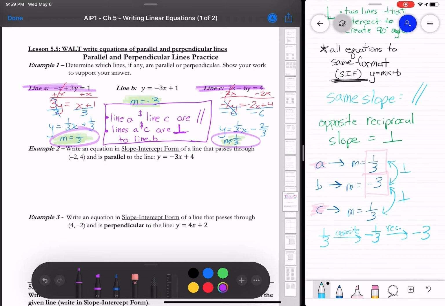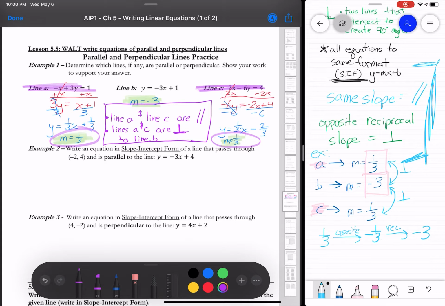You could do all that math and write it out, but your final answer needs to be written in words because it's actually asking you to determine which ones are parallel, if they are, and which ones are perpendicular, if they are. So your notes are right here. You want to have all these notes right here. And here's an example that goes with it. All right, let's go to the next problem.